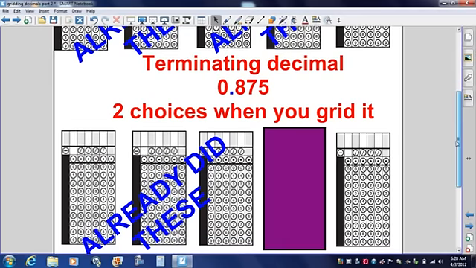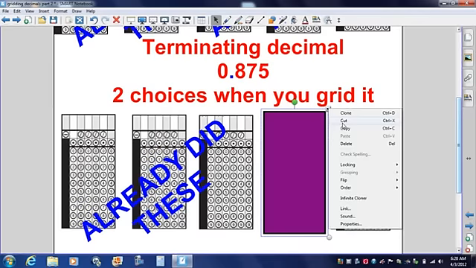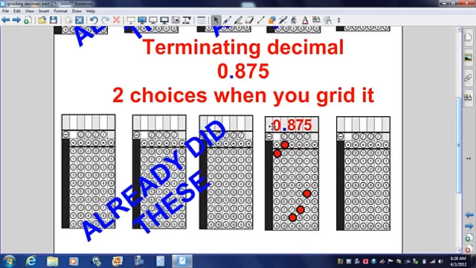So the most obvious way would be to put in a 0 placeholder, the decimal point, the 875, then you would just bubble in the corresponding decimal and the corresponding numbers. That is your first choice.